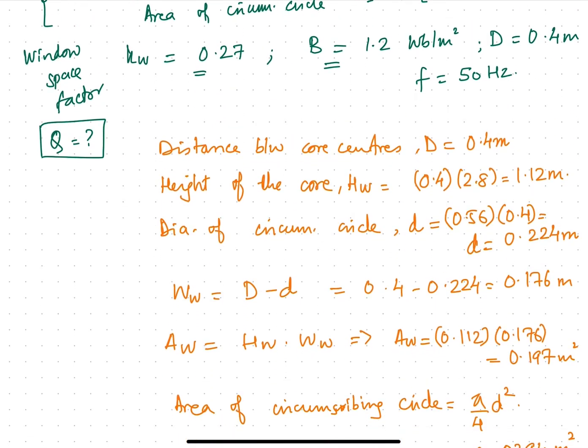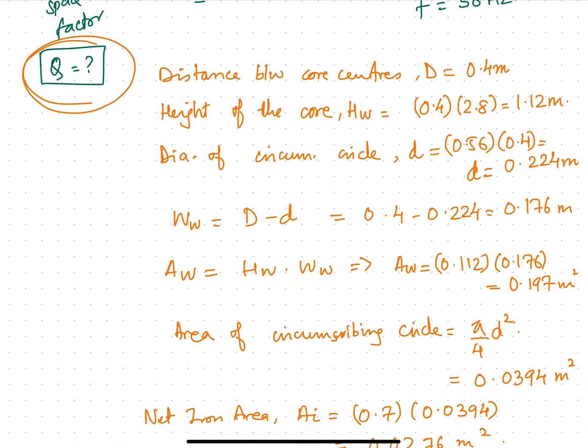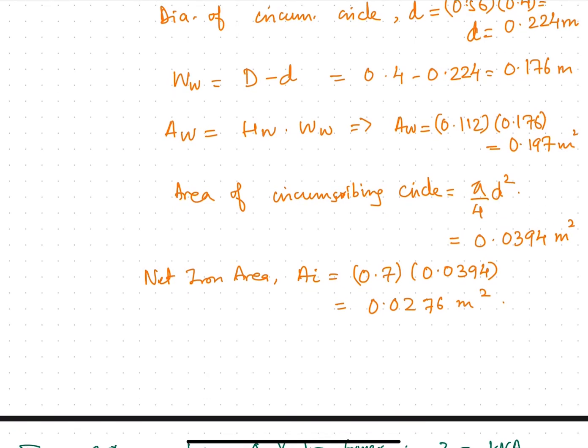Now we have to calculate this factor Q, which is the output kVA, and since this is the single phase transformer core type, we know that the output power is given by Q equal to 2.22 f B_m delta kW AW AI into 10 to the power minus 3.